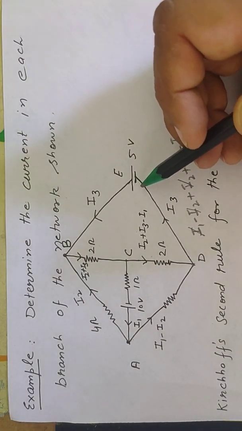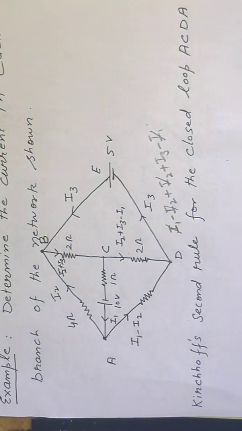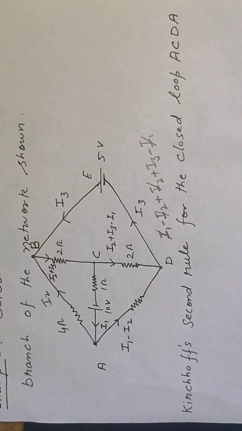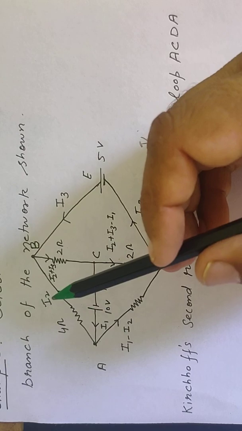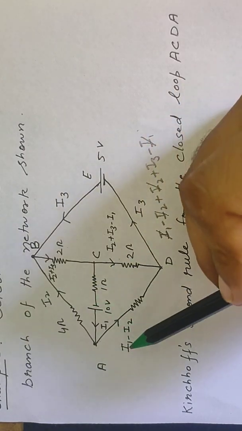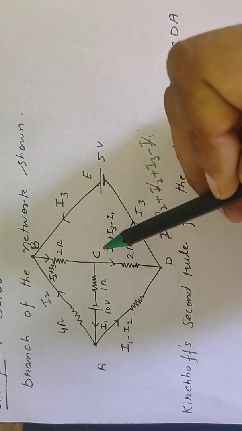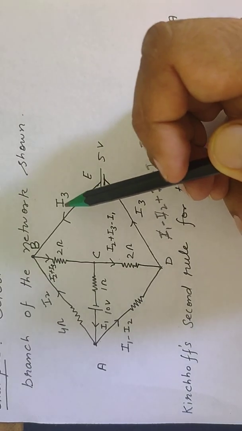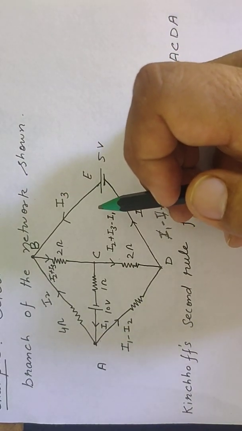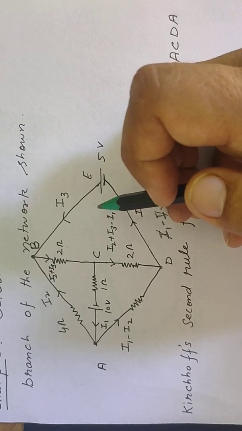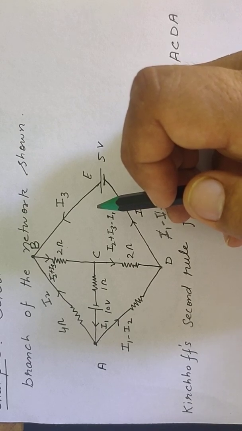So we apply the Kirchhoff rules. Here we have three variables, I1, I2, I3, so we require three equations to solve this type of circuit.